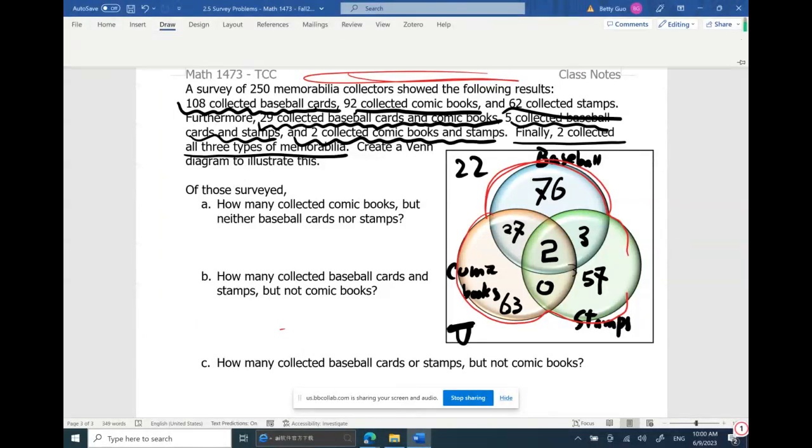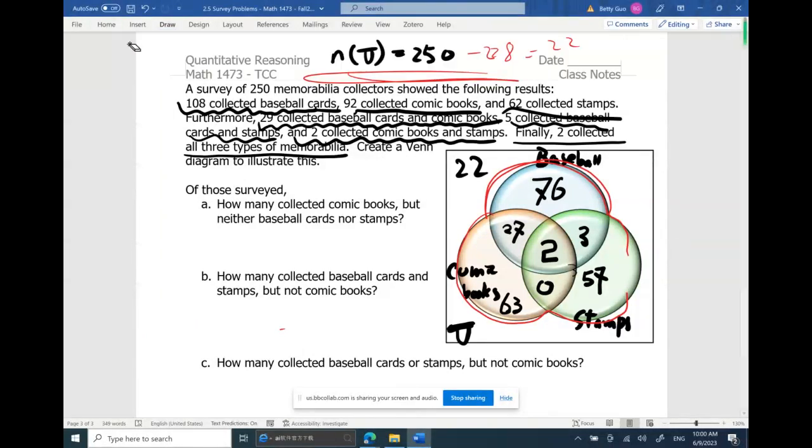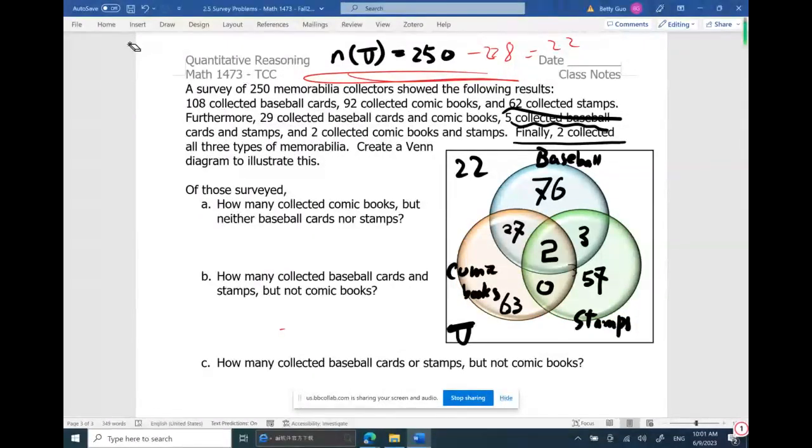We have 22 elements outside the circles but within the box. And that's how we complete this Venn diagram. How do we record the results from the survey in the Venn diagram? And now we can answer the questions. Yeah, we actually went backwards, right? Start from the center and go outwards.